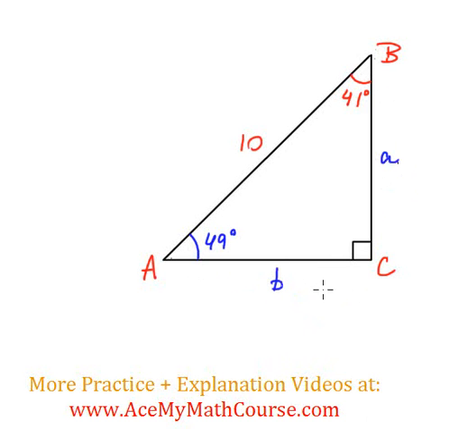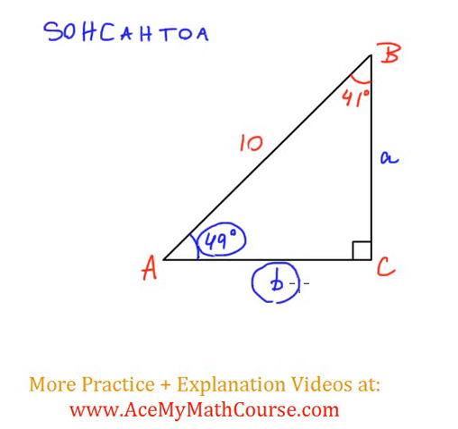Okay, and how can we figure them out? How can we find out what they measure? Well, let's say that I want to use this angle right here, and if we take a look at SOHCAHTOA, I want to figure out what the measure of b is.